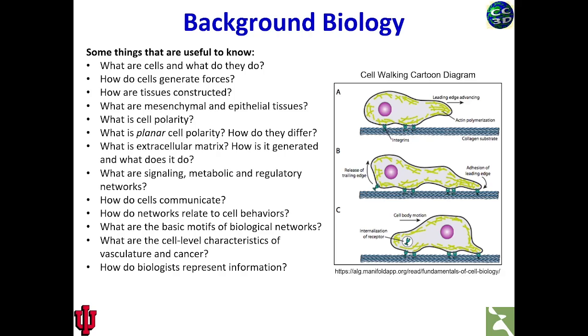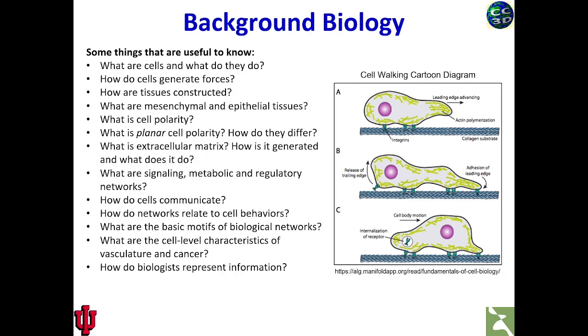Some important things that are useful to know, since we'll be using CompuCell to model cells and virtual tissues: What are cells and what do they do? Kind of a fundamental question, but how do cells generate forces? How are tissues constructed? What is cell polarity? What's the extracellular matrix? How is it different from the cell? How is it generated and what does it do?